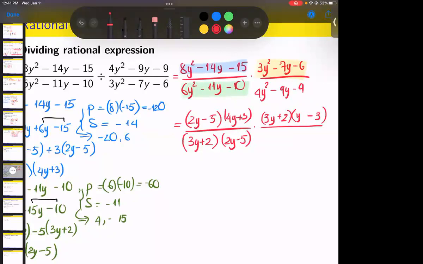Now I got negative 7y. If you do it in your head, it's much faster than me talking. Again, why do I know that I don't put the 3 here in the first place instead of the 2? What happens if I put the 3 there instead of the 2? There's a GCF, which just doesn't make any sense. So I know where to put the 2 and where to put the 3.